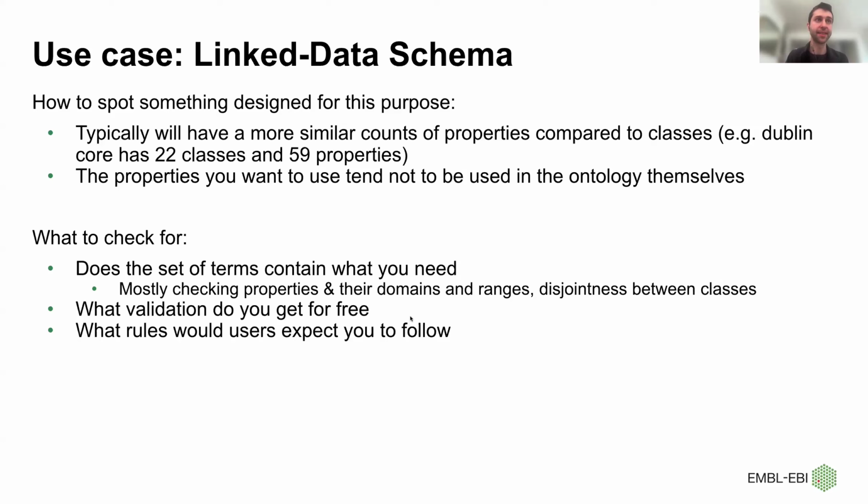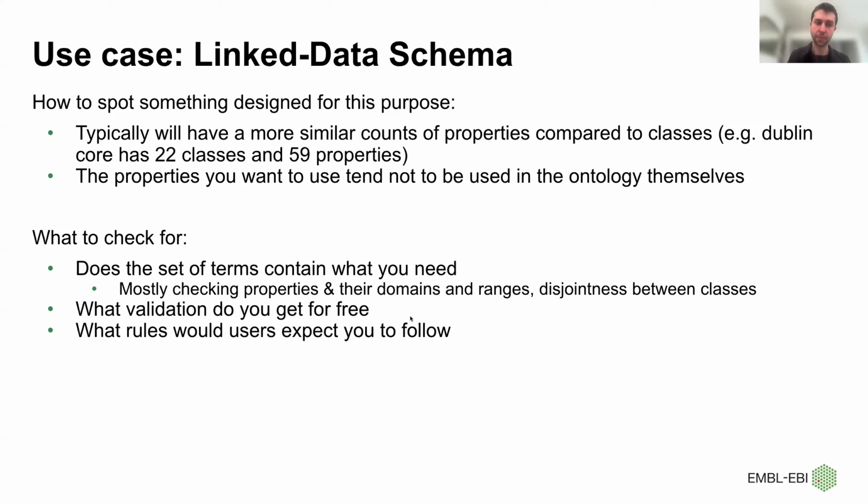And so in this case, when checking whether a particular ontology will cover your use case, you're again looking at the terms, making sure that what you need is there, but you're probably looking at the properties mostly, because in general, you have a lot of fields in a given API response, so you need to find properties for all of those. And then secondarily, it's useful to look at domain and ranges.